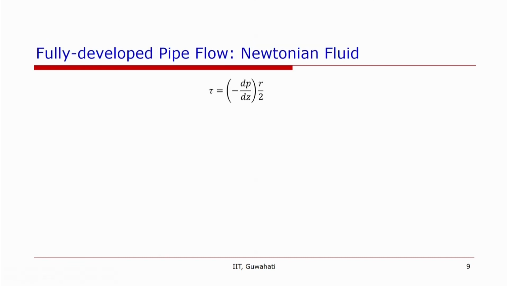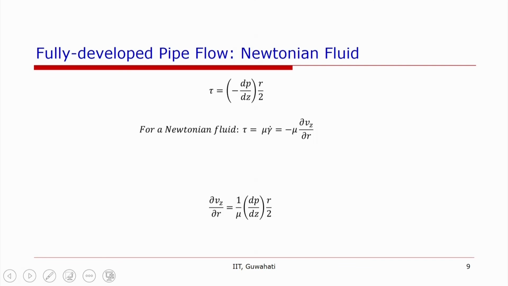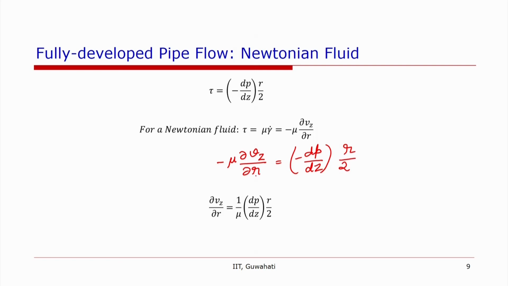So let us look now at the fully developed flow of a Newtonian fluid. For a Newtonian fluid the shear stress is proportional to the shear rate, so that tau is equal to minus mu del Vz by del r. If we substitute this here, we end up with minus mu del Vz by del r is equal to minus dp by dz into r by 2, and if we bring mu to the other side, it will be 1 over mu dp by dz r by 2.